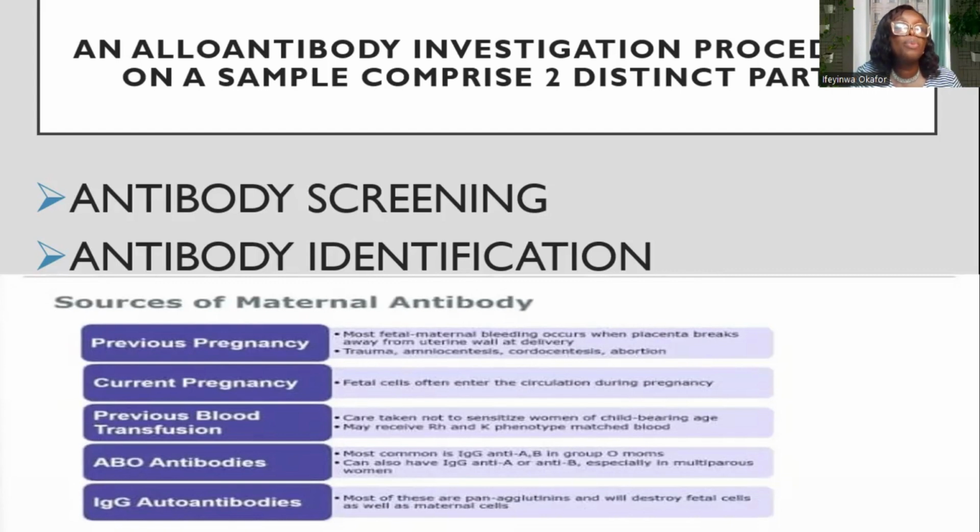Then we have the previous blood transfusion and also other invasive procedures that can also trigger the production of antibody, if the baby involved is having a foreign antigen to the mother.